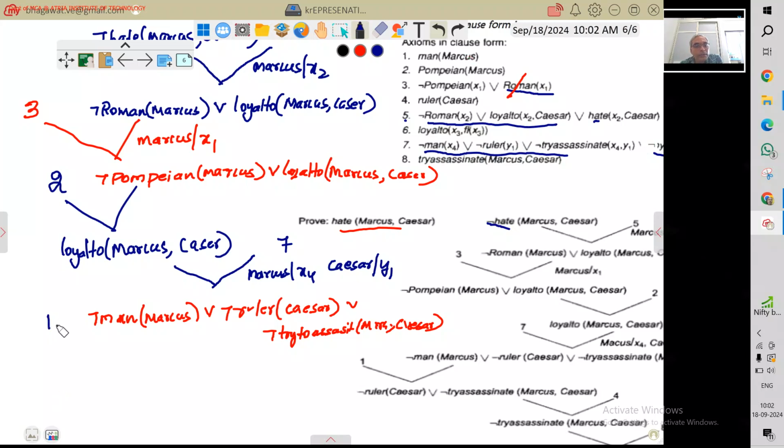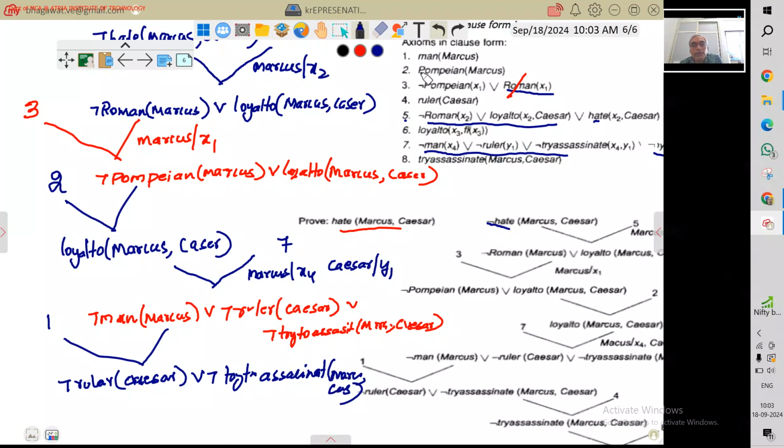Resolving between these two, this cancels, so we are left with negation ruler of Caesar, or negation try to assassinate Marcus comma Caesar.